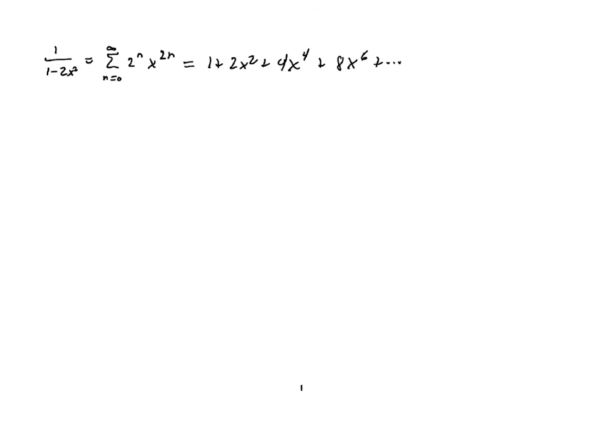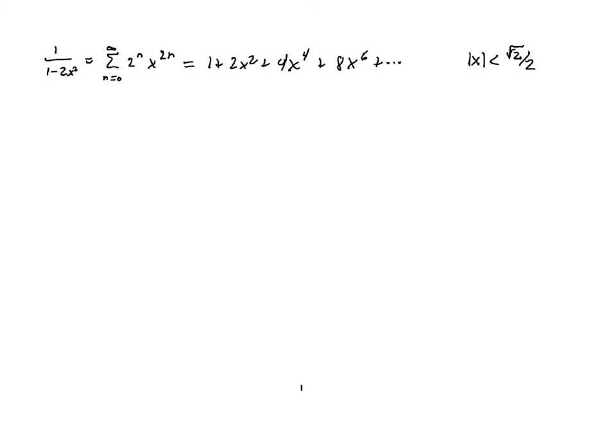Here at the top of the page I've just rewritten the formula that we had from the previous page, with the range of x values that are allowed. That's the square root of 2 over 2 there.